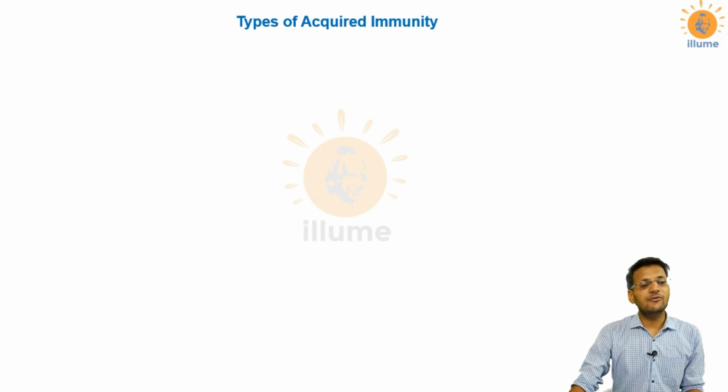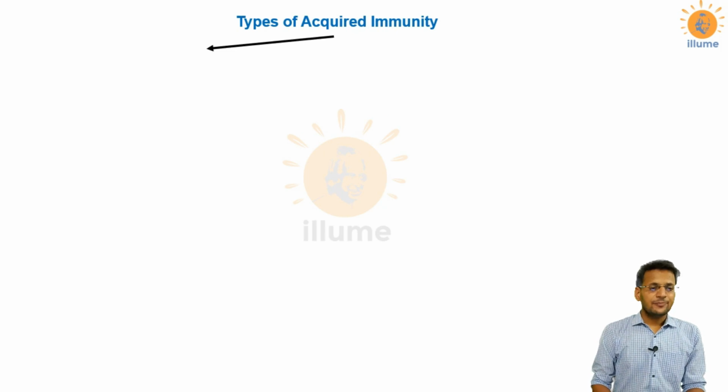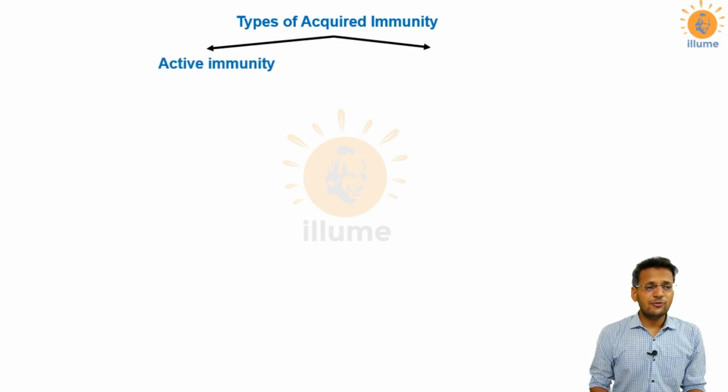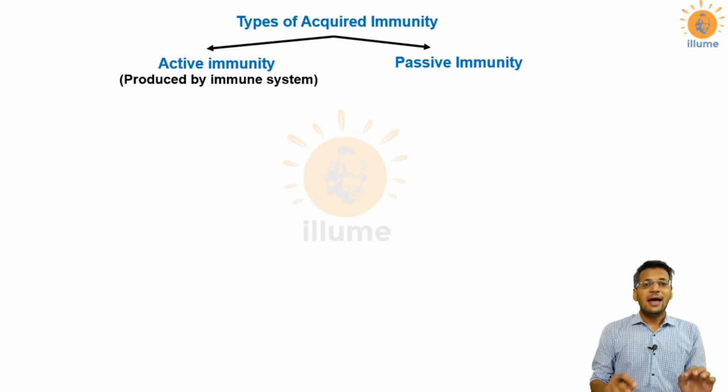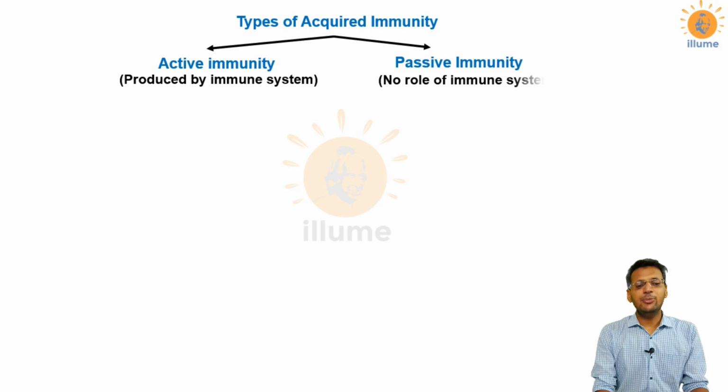This would be a very important discussion, so listen to me carefully. Acquired immunity is of two types: active immunity and passive immunity. As the word implies, active immunity is an immunity in which your body plays an active role, and a type of immunity in which your body performs no active role is called passive immunity.